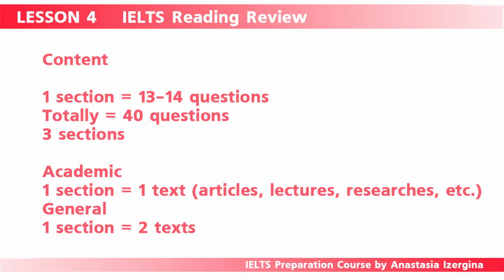For the academic module, you are going to have one text for each section of about 250 up to 900 words. And for the general module, each section usually contains 2 texts or pieces of information with a separate set of questions for each text. But there are also 3 sections with the same number of 13-14 questions.